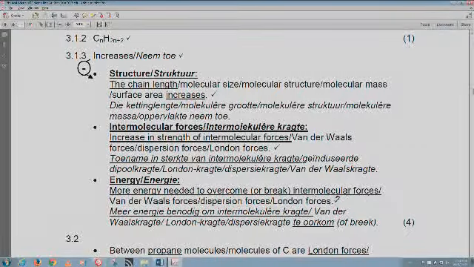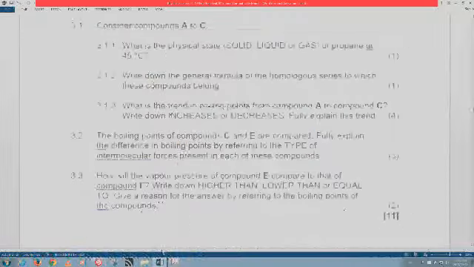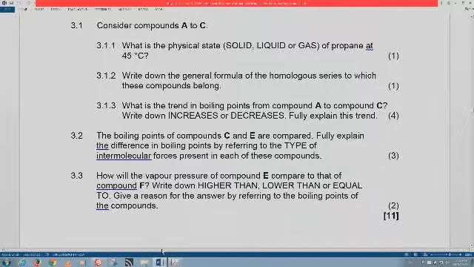And colleagues, please, let us ensure that our learners know that it is to overcome the intermolecular forces, not the bonds. And then 3.2, the boiling points of compounds C and E are compared. Fully explain the difference in boiling points by referring to the type of intermolecular forces present in each of these compounds.